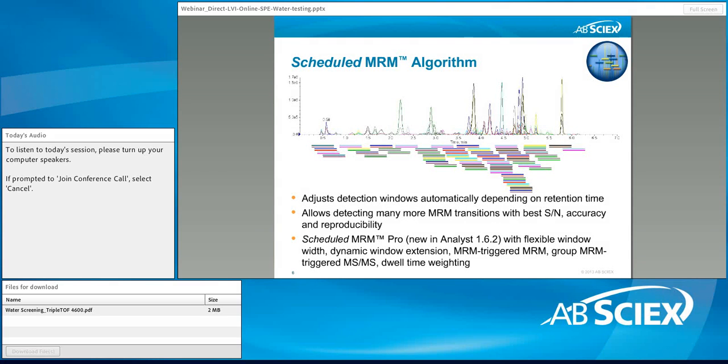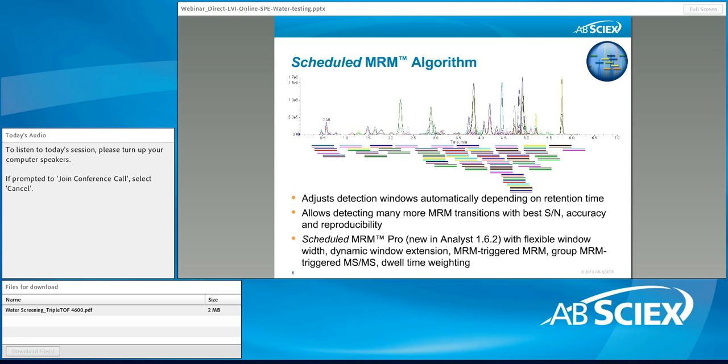Here's just a little schematic highlighting how scheduled MRM deals with the analytical run. When building our acquisition method in scheduled MRM mode, we provide the retention time of each target analyte, and the software then automatically generates little windows around the retention time of every target analyte.